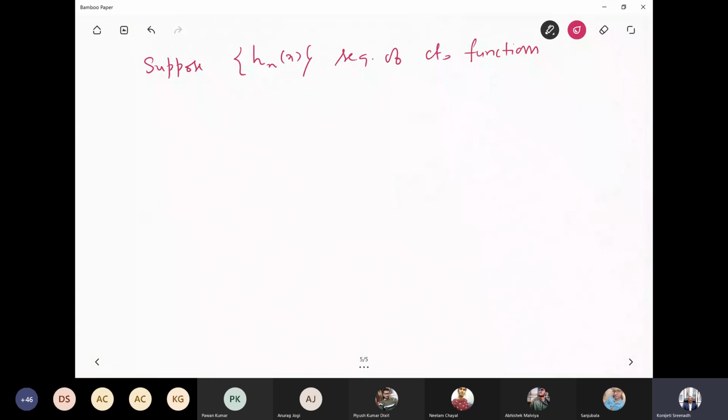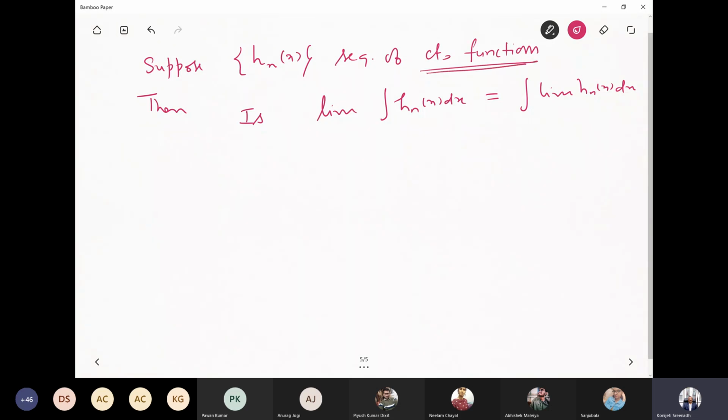Then is the limit of the integral of h n x equal to the integral of the limit of h n x? So is this always true if they are continuous functions? We can take this over an interval.